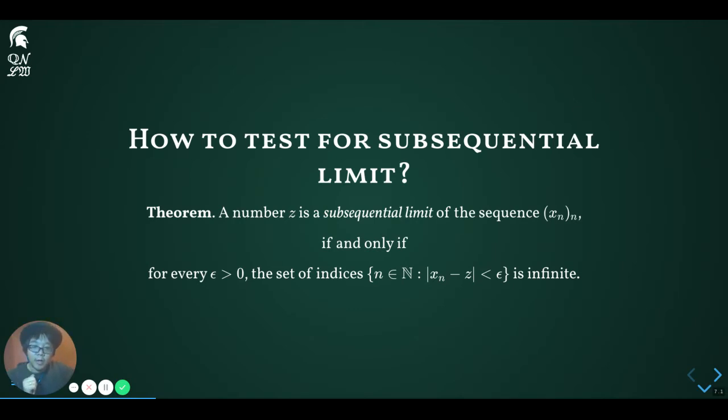All it requires for a number to be a subsequential limit is for the sequence to keep coming back and getting close to the number. The sequence is allowed to get far from the number for some time before coming back. The key is that a subsequential limit somehow attracts the sequence, forcing it to return over and over, even though individual visits may be brief and the sequence may choose not to stay.